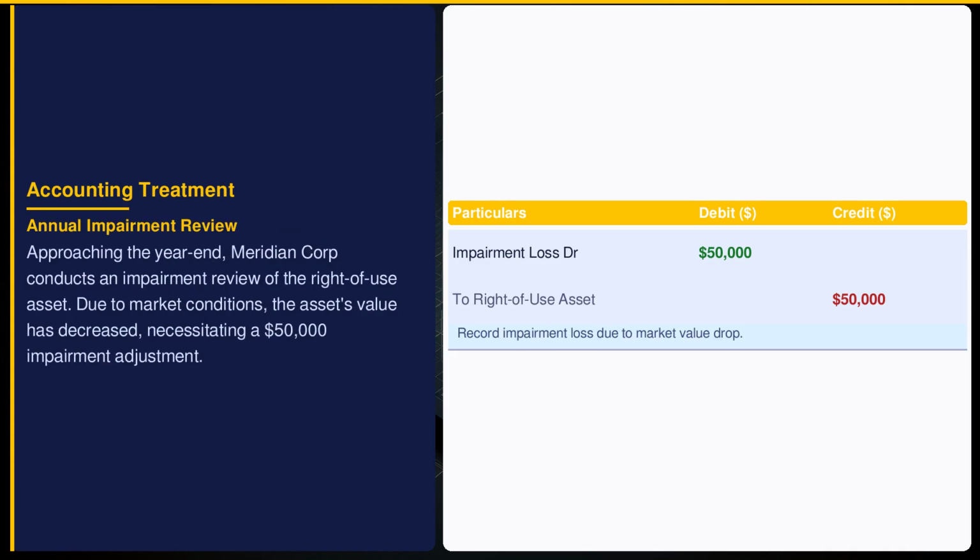An impairment review ensures assets are not overstated. Indian Accounting Standard 36 mandates recognizing impairment if the asset's recoverable amount falls below its carrying value. For Meridian, this $50,000 adjustment reflects decreased market value, directly impacting the income statement by reducing profits and updating asset valuation on the balance sheet.